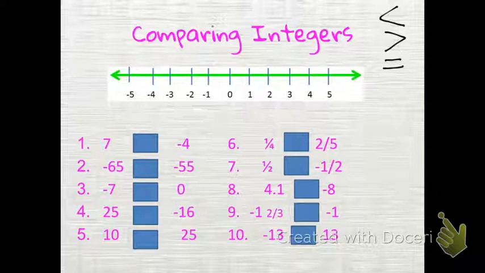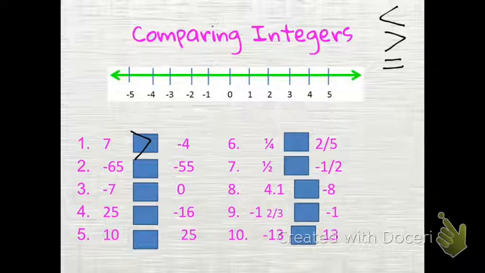Smaller. Every negative number is smaller than every positive number. Does that make sense? Because every negative number is to the left of every positive number. So if you see, like number 1, a negative number and a positive number, the positive number is always going to be bigger or smaller? Bigger. So number 1, bigger.